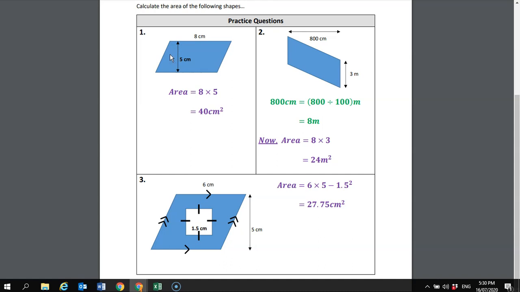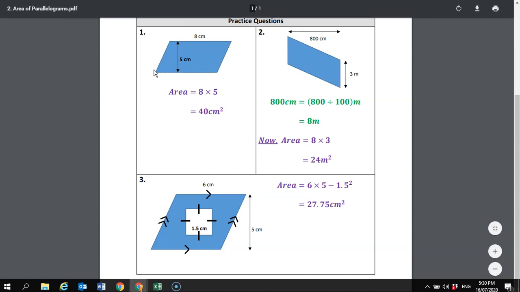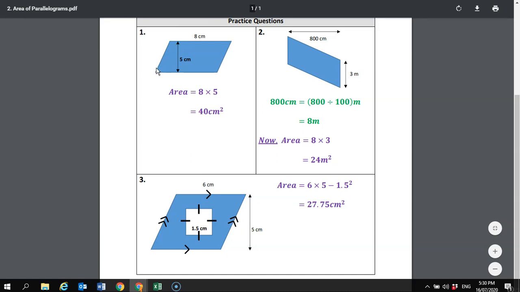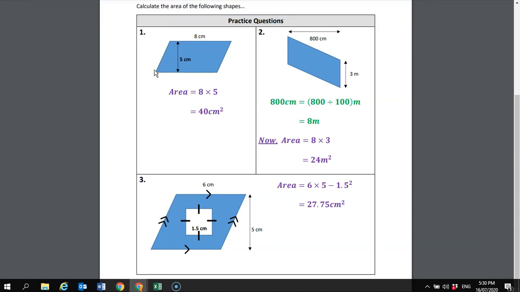Now notice that the height is not the length of this side here. No. That's the most common mistake. Sometimes they'll give you 3 numbers. They'll give you the base, 8 centimeters, the height, 5 centimeters, and then this side length, which might be 6.5 centimeters or something like that.